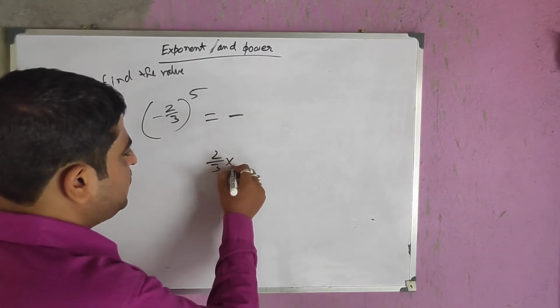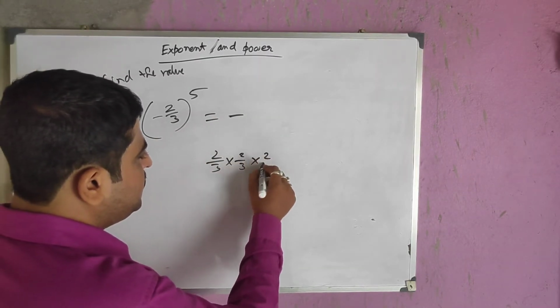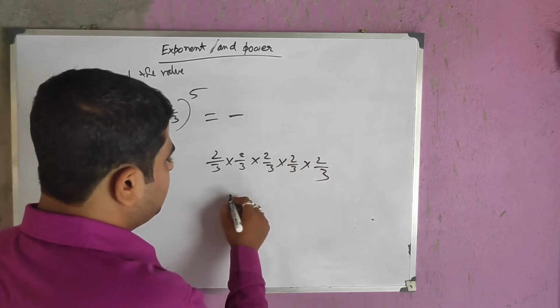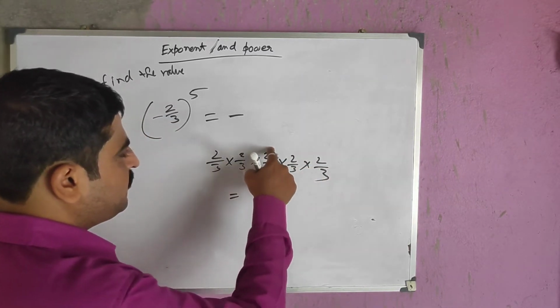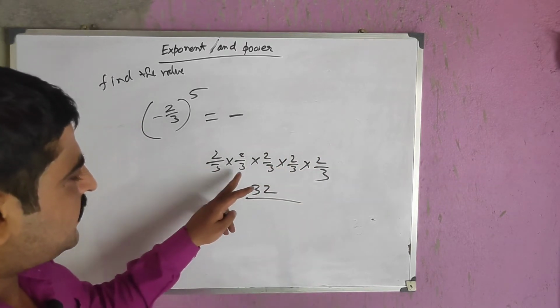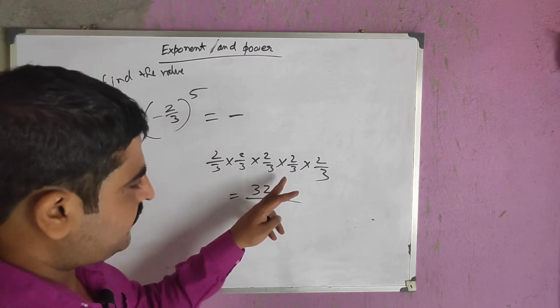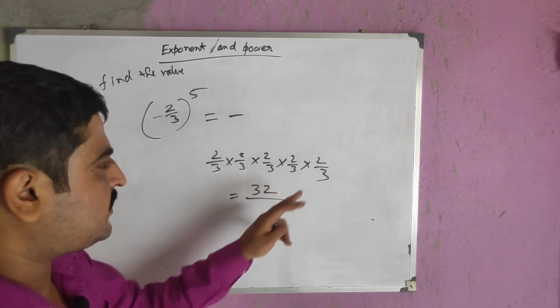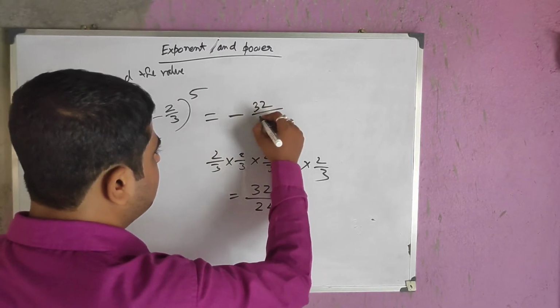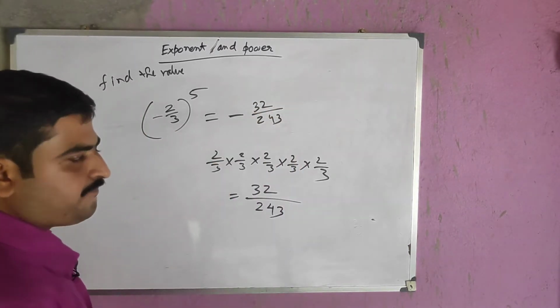So 2 by 3 into 2 by 3 into 2 by 3 into 2 by 3 into 2 by 3. So 2 2s are 4, 4 2s are 8, 8 2s are 16, 16 2s are 32. 3 3s are 9, 9 3s are 27, 27 3s are 81, 81 3s are 243. So it will become minus 32 by 243.